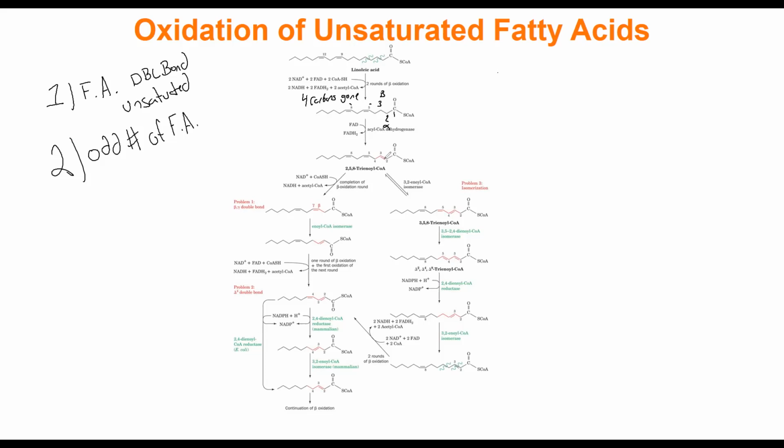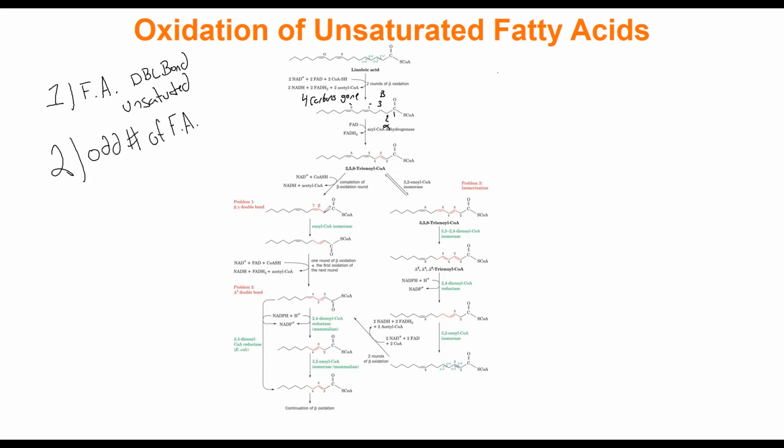So we put a double bond between 2 and 3. Now we have a problem. And the problem is that our double bonds are becoming much too close to each other. And our enzymes are going to fail to work here when we continue the beta oxidation, right?